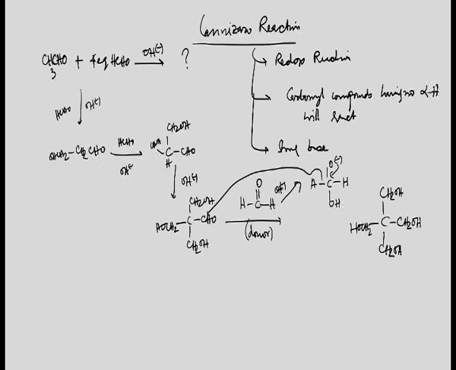Another reaction that you have studied is halogenation. We will discuss one example of bromination. Suppose you see this ketone, after base you can generate a nucleophile here.